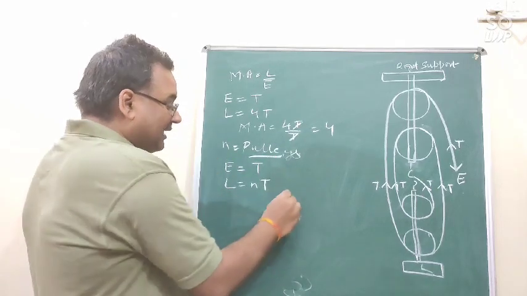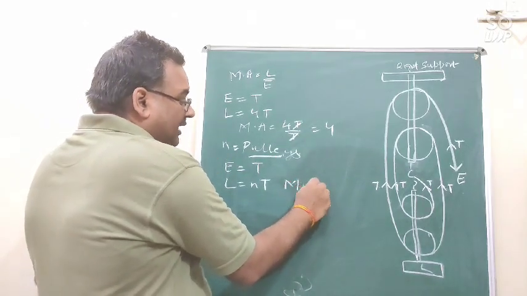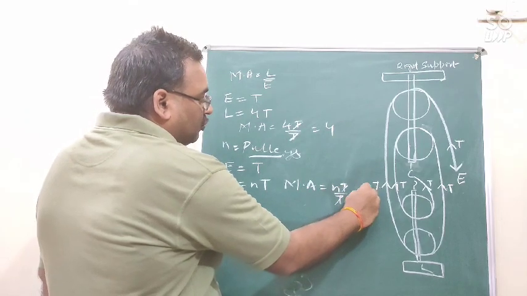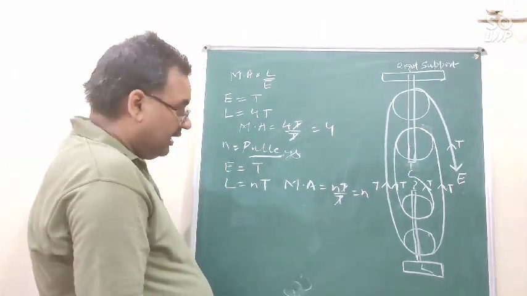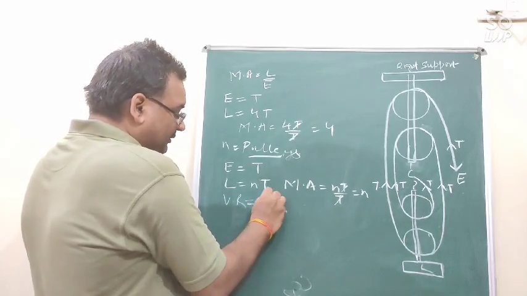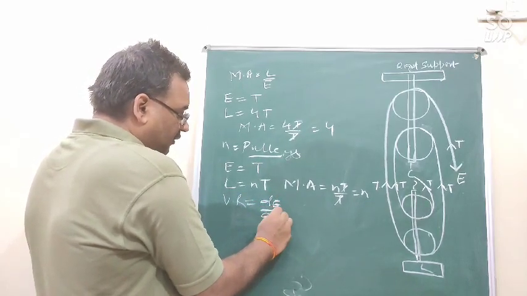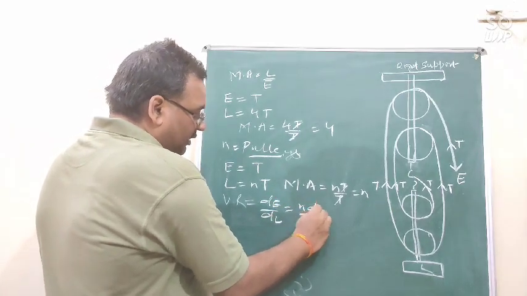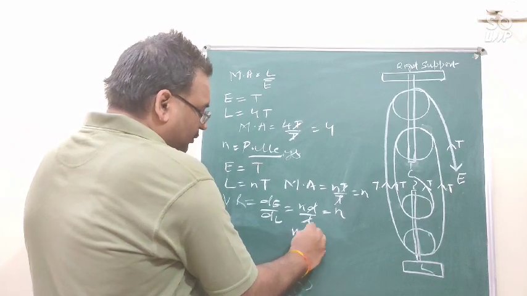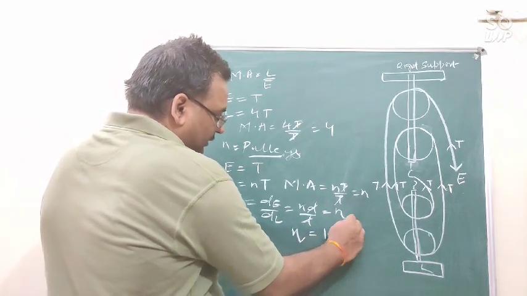So mechanical advantage for n number of pulleys will be nT upon T, that is equal to n. And velocity ratio, displacement of effort upon displacement of load, will be equal to nD upon D, equal to n. And efficiency will be equal to 100%.